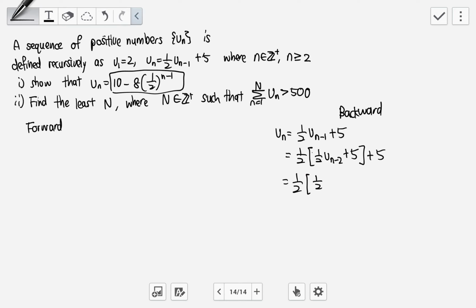At this step you might want to simplify first, so you get half squared times un minus 2 plus half times 5 plus 5.